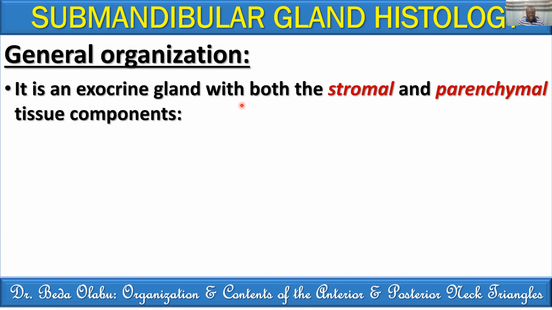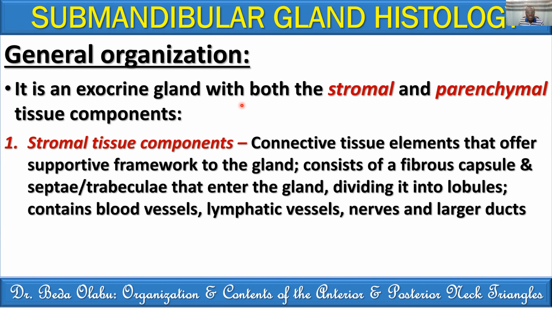So in this case, just like any other major salivary gland, and we talked about this when we discussed the parotid, the stromal tissue generally will offer a supportive framework, providing structural support to the gland. So it consists of a fibrous capsule that surrounds the gland.